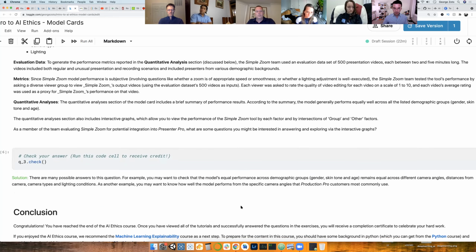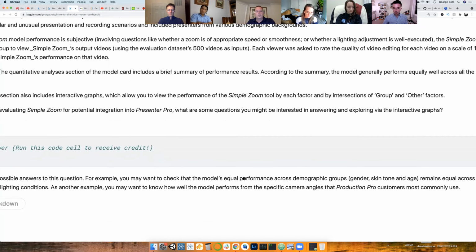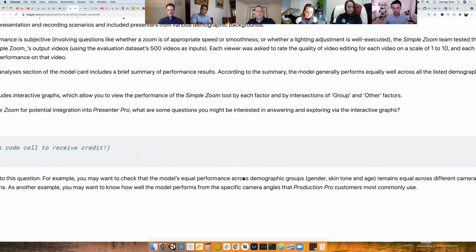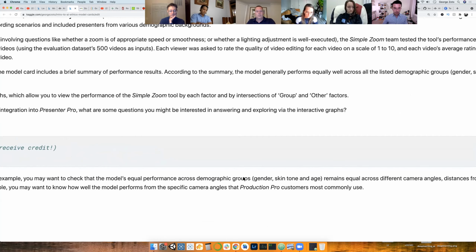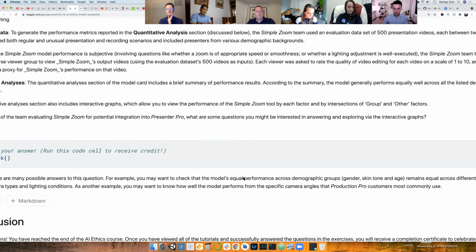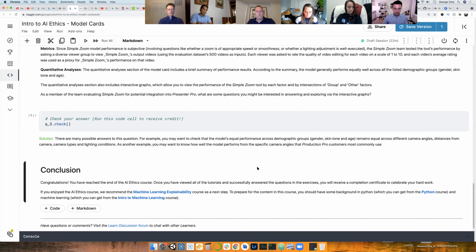So yeah, we need to check the model for equal performance across different demographic groups, as well as maybe camera angles or distances from the camera. Another thing mentioned here is, maybe you want to look at what is a very popular angle that your customers use, and make sure that your model performs really well for that angle.